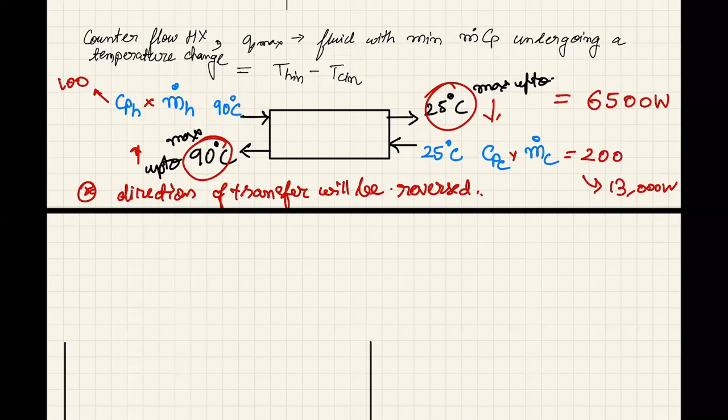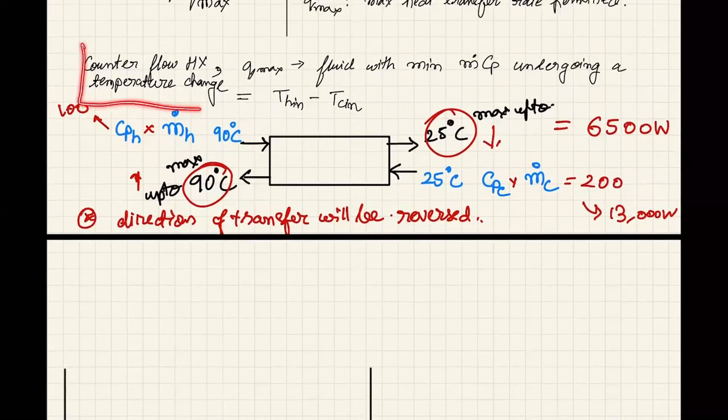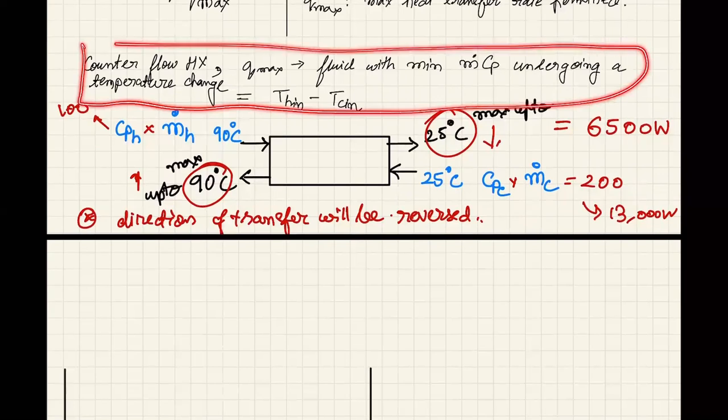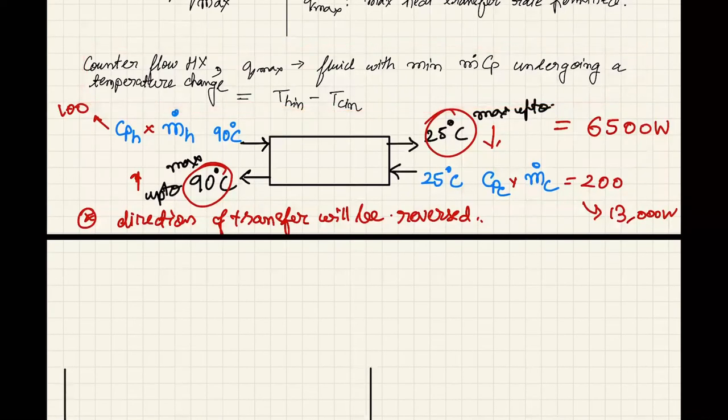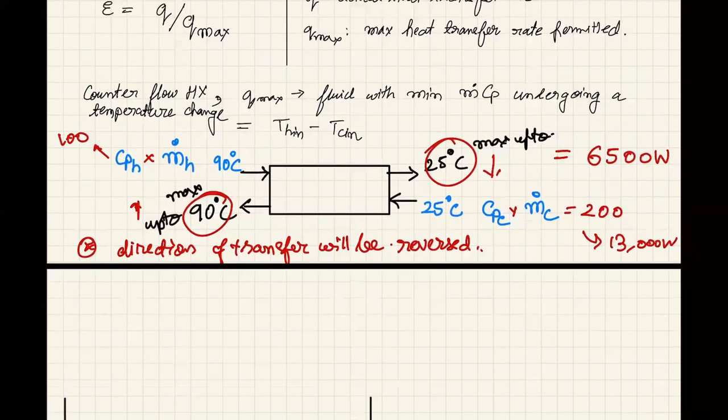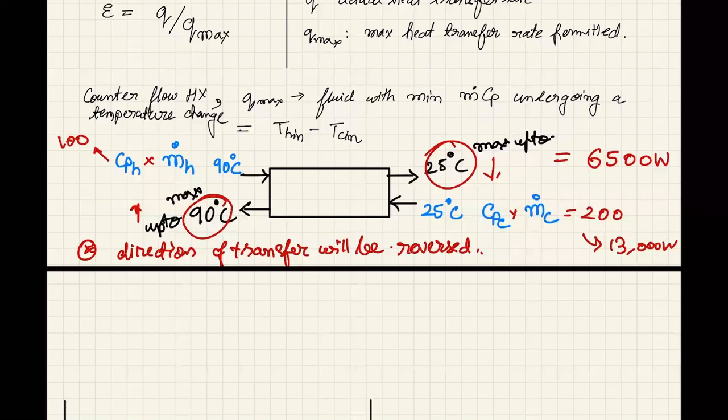Can you guys now understand this case, or can you understand the profoundness of this particular expression after putting in the values? Q max will be this. So I'll write it out over here for everyone. Basically Q max will be M times Cp, whichever is minimum. It can be your hot stream or your cold stream.